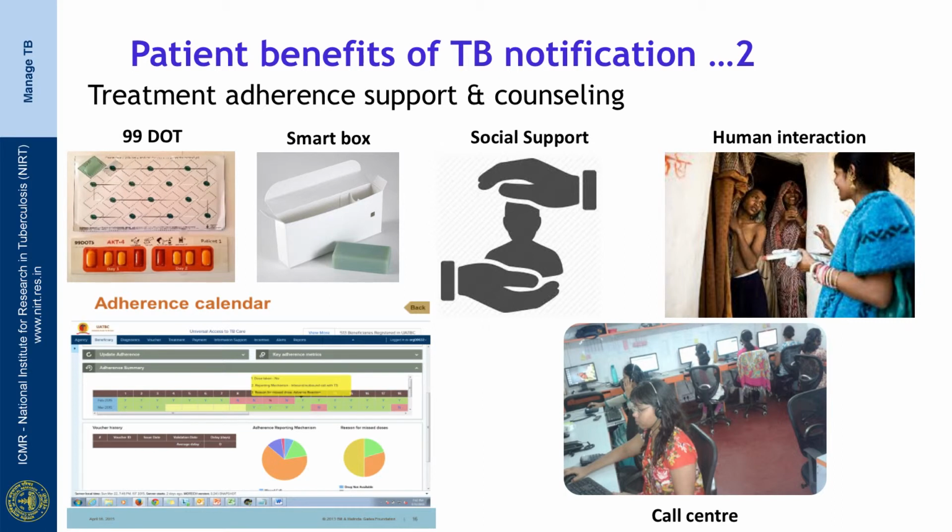There are smart boxes, there are other systems that include video DOT. These things are being scaled up, and ICT based treatment adherence support is being extended to the patients not only in the public sector, but also in the private sector. That also includes human interaction, social support, linking with social welfare schemes, and a big call center as we discussed in the previous session.